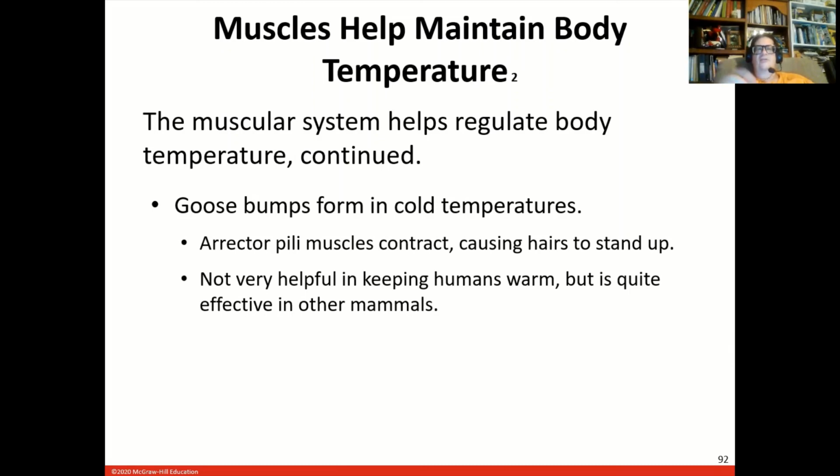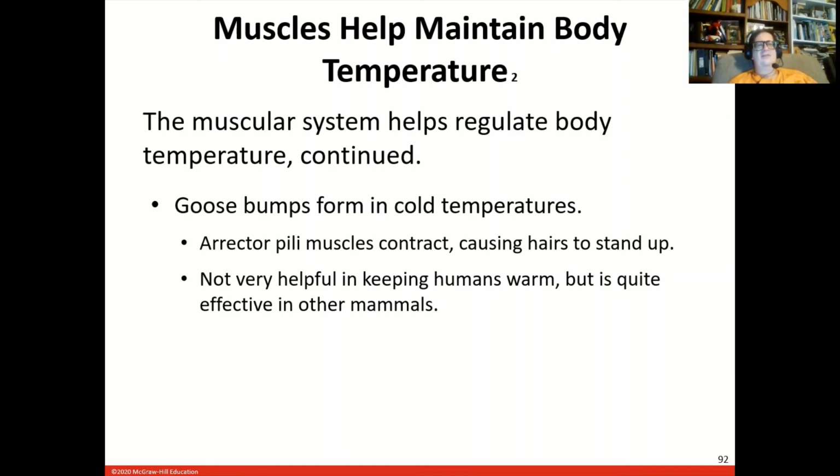If a dog is out in the cold, or any furry or fluffy mammal, a bird will do it too. They fluff up their feathers. The idea is to raise them up off the skin a little bit and trap air underneath. You heat that up the same way, but it doesn't escape and go away because it's trapped underneath the fur or the feathers.